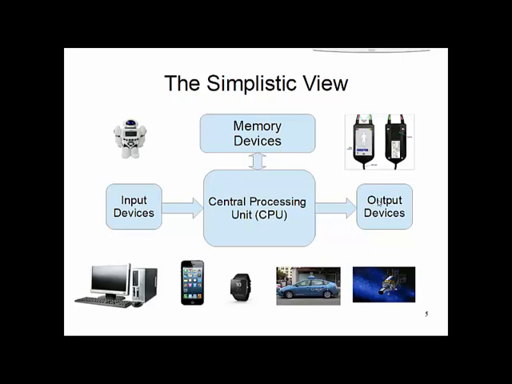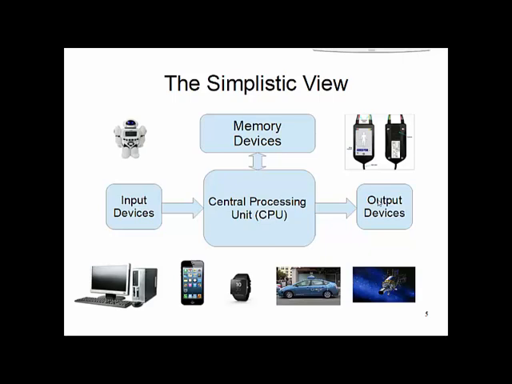Okay, so any computer in the whole world can be given a very simplistic view: a central processing unit crunching information, processing the various inputs coming from its input devices, which can be of various types, but at the end of the day they are input devices.